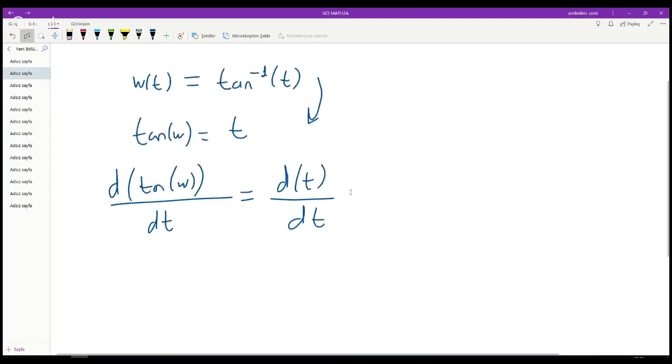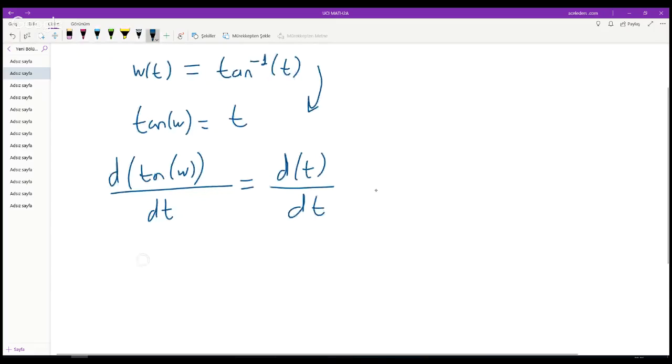The derivative of tangent is secant squared, where secant x is 1 over cosine x. So I have secant squared W, which is the derivative of tangent W, but here we have the chain rule. We will do that in more detail when we solve an implicit differentiation question.